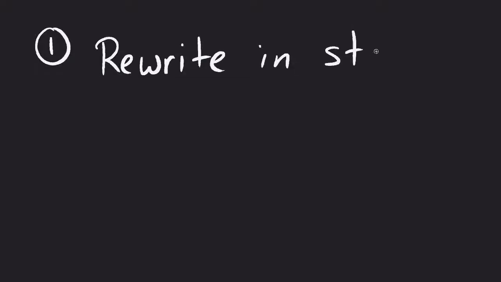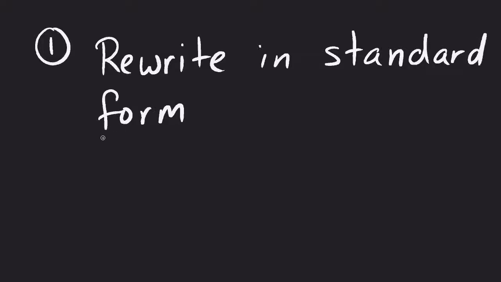It may say something like, rewrite in standard form. Really what we're doing is a little bit of what I call algebraic gymnastics. We're sort of rearranging some things here.